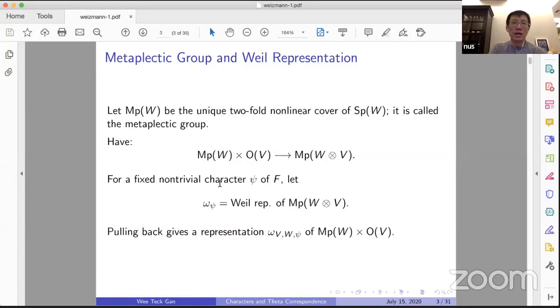After fixing a non-trivial character psi of the base field F, there is the so-called Weil representation of this large metaplectic group, and we pull it back by this map to get a representation of Mp(W) cross O(V), denoted omega sub V, W, psi.